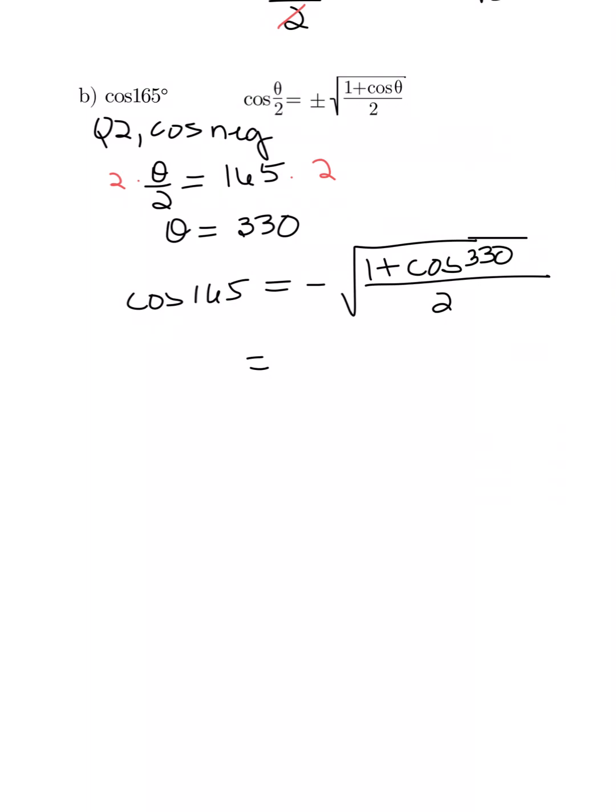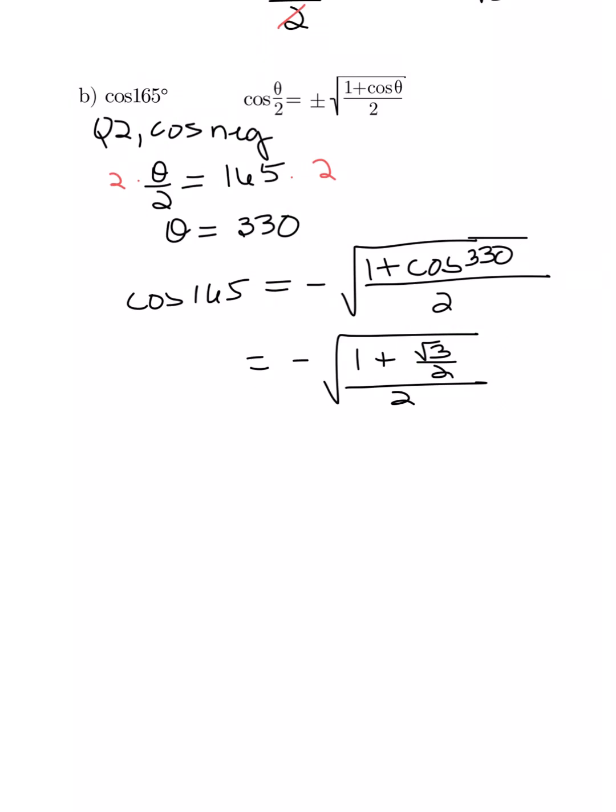Now we're going to substitute what we know about the cosine of 330 from the unit circle, and we know that that equals the square root of 3 over 2. So our numerator becomes 1 plus the square root of 3 over 2, and all of that is over a 2.